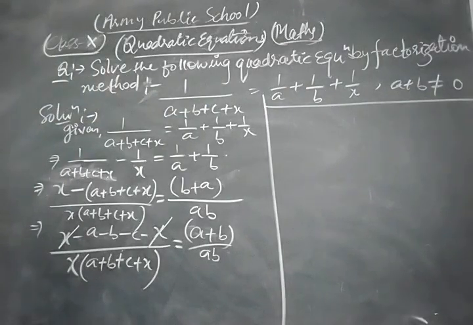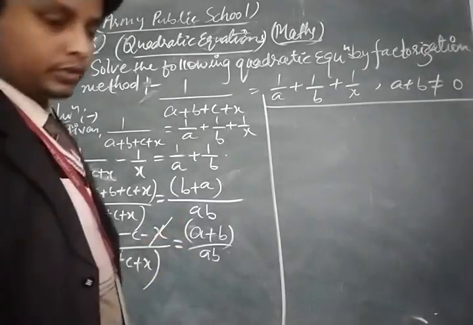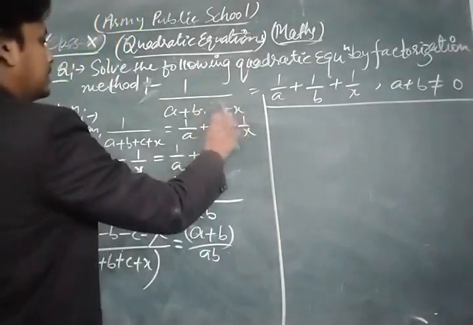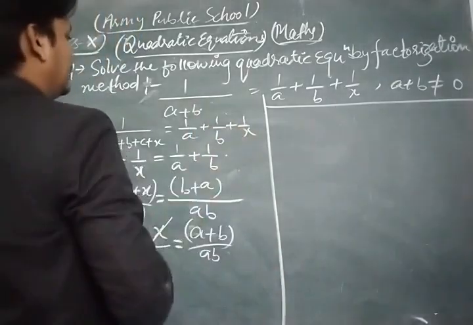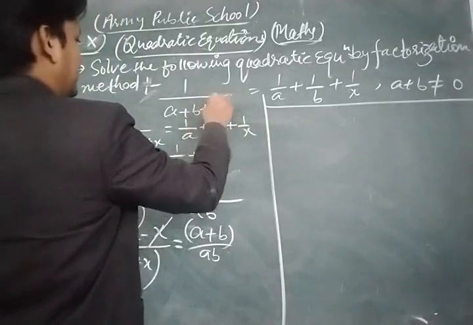Now what I do? Okay dear students, where is the c here? No, this is a plus b plus x only. Here this question was wrong. Here it is a plus b plus x only, plus x only.